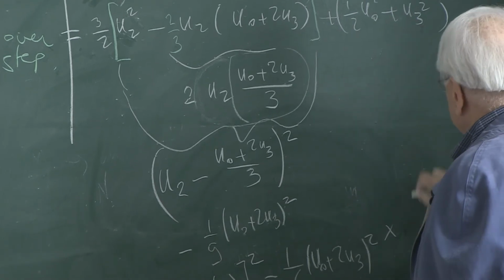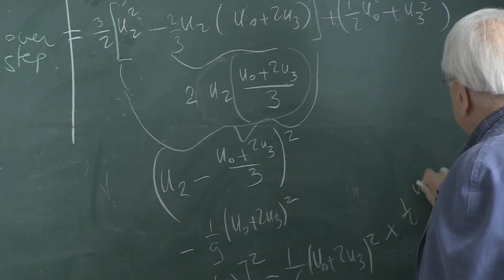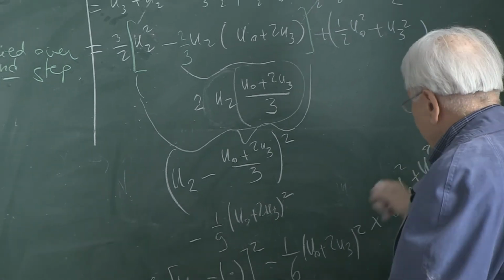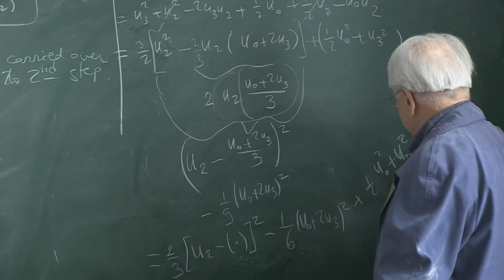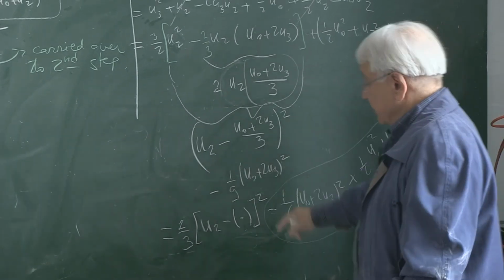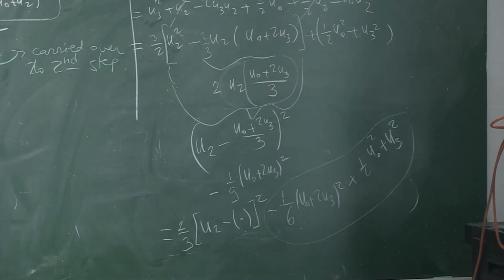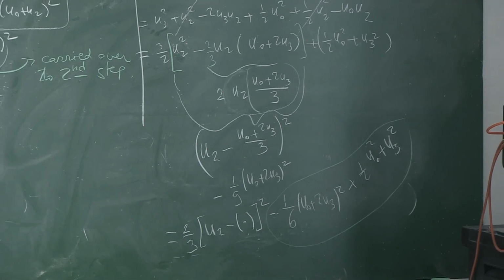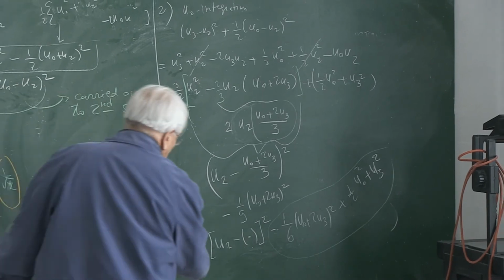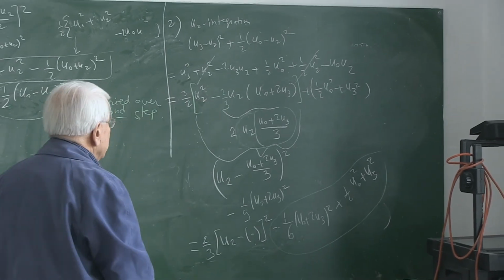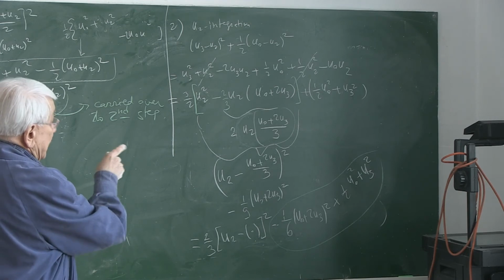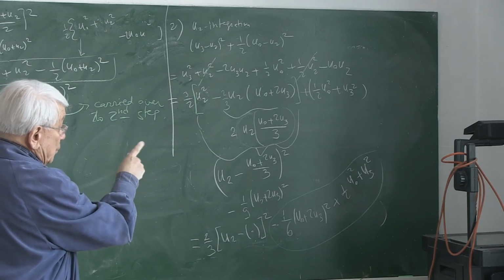Let me write the leftovers, 1/2 u0 squared plus u3 squared. So my next task is to try, as the first one is manageable, I can carry out the integration. The only difference from the previous one is this number in the front. It's not difficult to take care of. The only thing which I need to be very careful is what is that thing equal to.